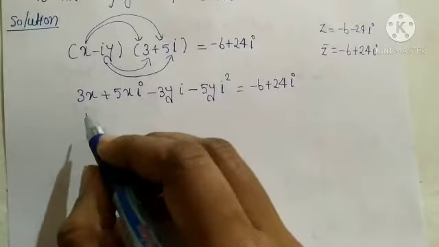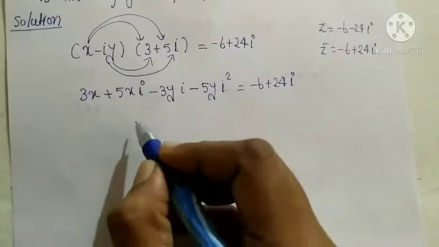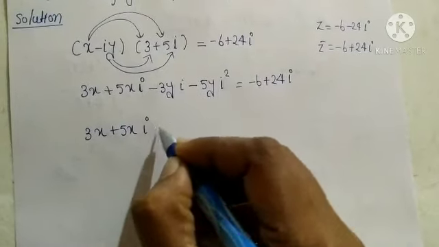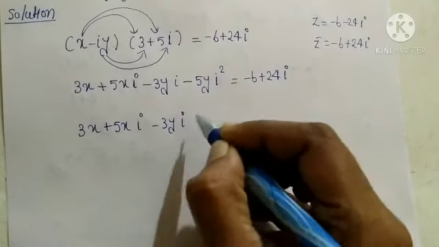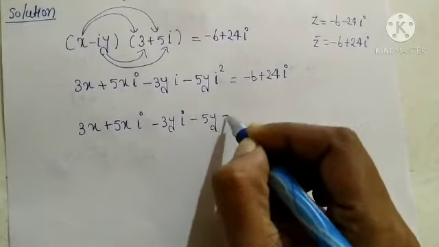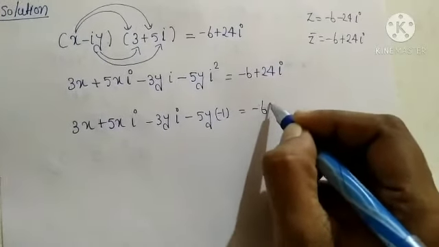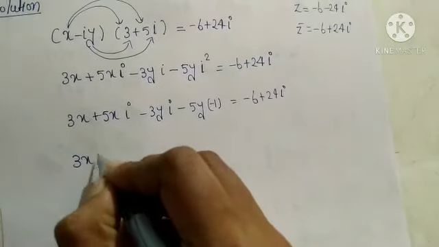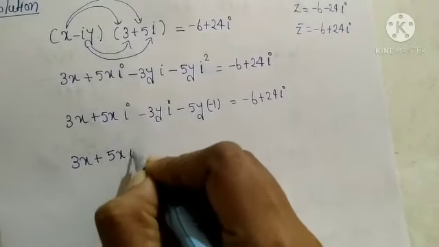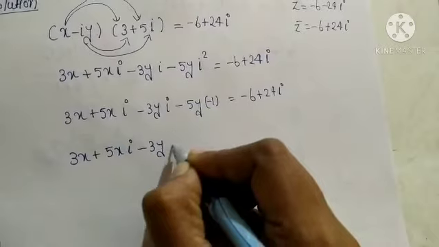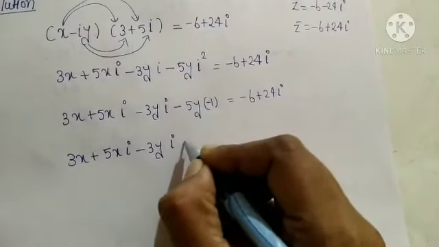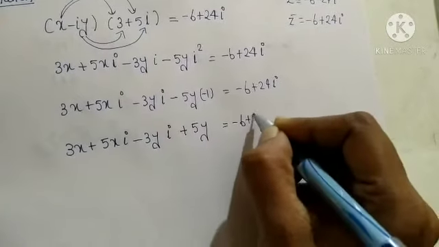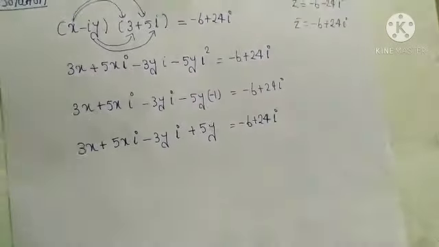Here changing the value of i square as minus 1, it will become 3x plus 5xi minus 3yi, minus of minus will become plus 5y, equal to minus 6 plus 24i.